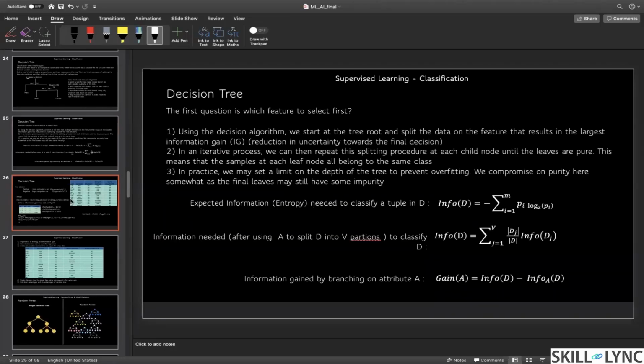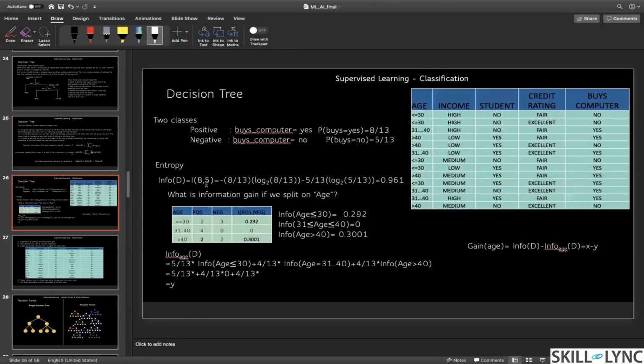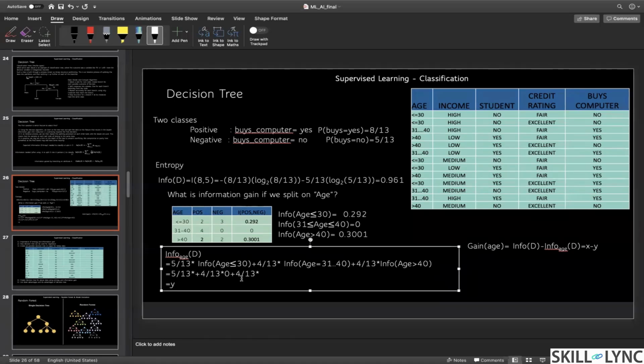Here d is 13, 8 plus 5. dj is 2 plus 3, 5, multiplied by its corresponding information, plus 4 plus 0 divided by 13, multiplied by its corresponding information, plus 2 plus 2, 4, 4 by total 13 into its corresponding information. So now let's substitute those values here.